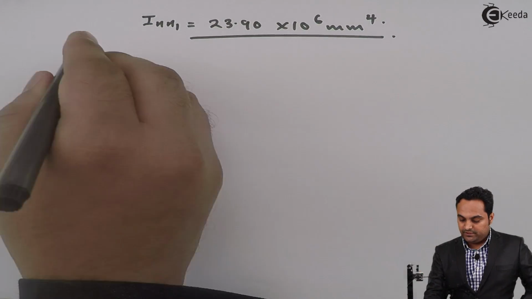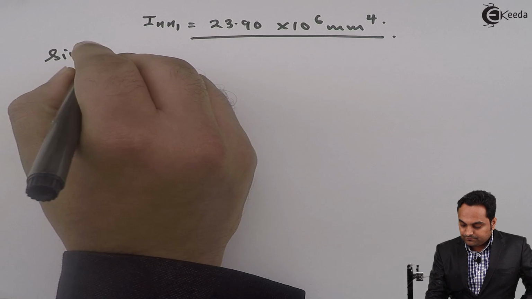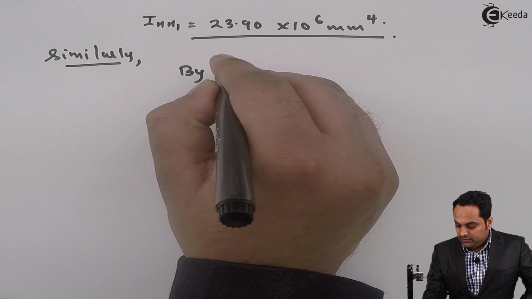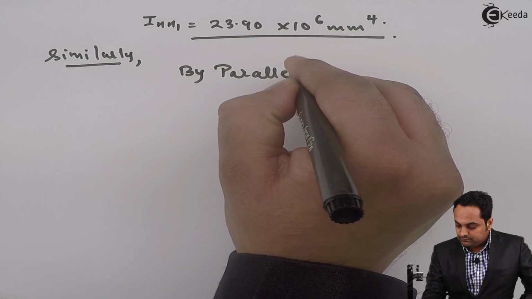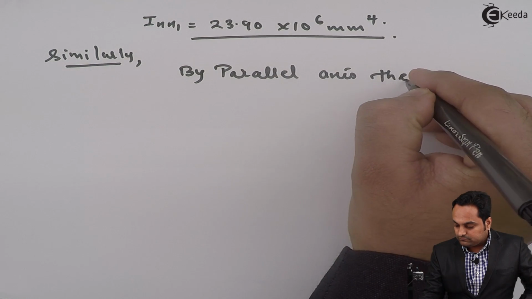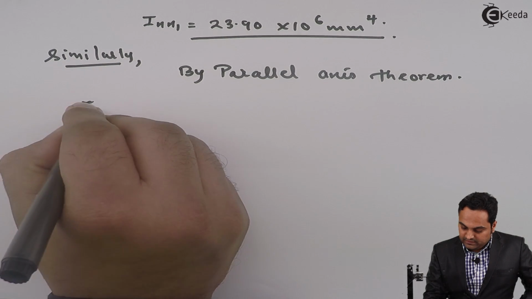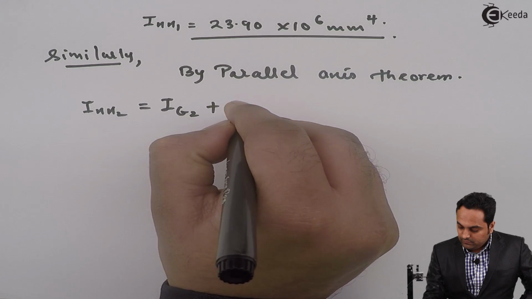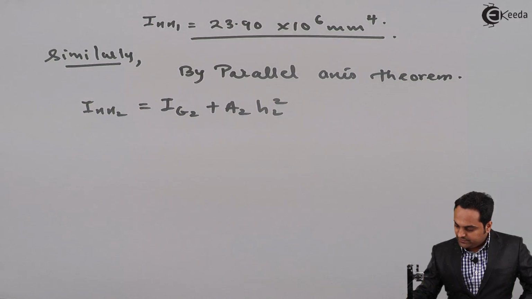After getting Ixx1, similarly for Ixx2, we will use the parallel axis theorem. Ixx2 is equal to Ig2 plus area 2 into h2 square.